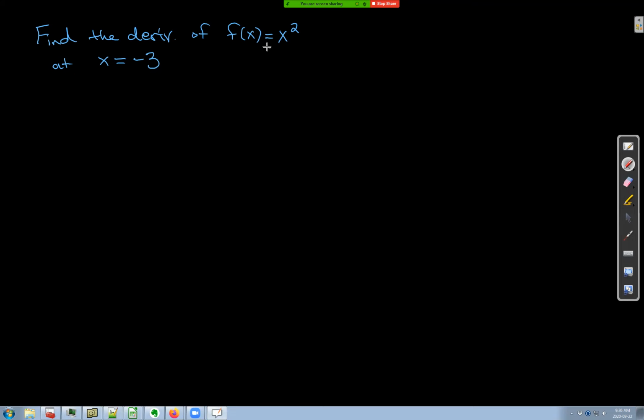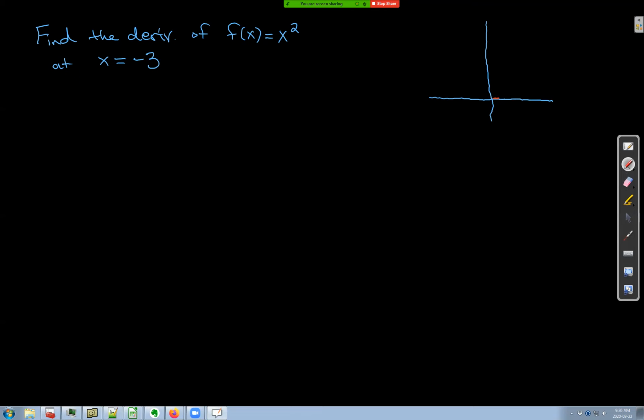So this is a derivative problem, and they're asking me to find the derivative at a specific point. It's useful for me because I like pictures. Whenever I see a question or problem, I try to visualize what is the picture that goes along with that problem.